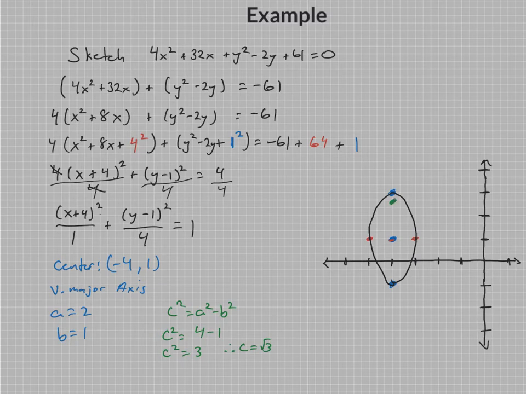So there's one focus, and the other one is right about there. When I look at that, this is my major axis. Here's my minor axis. And we've also placed the vertices and each focus.